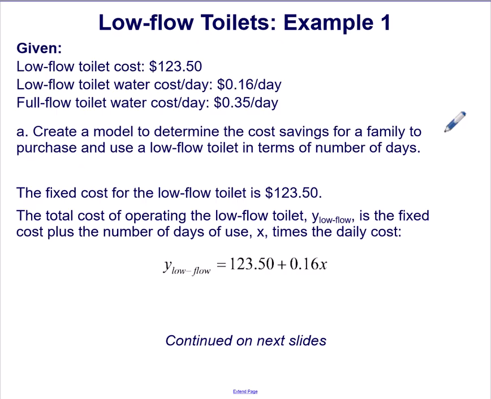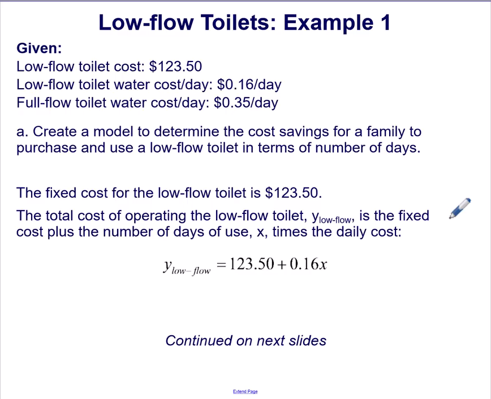So remember, we are creating a model to determine the cost savings for a family to purchase and use a low flow toilet in terms of the number of days. We've determined that the fixed cost for the low flow toilet is $123.50.